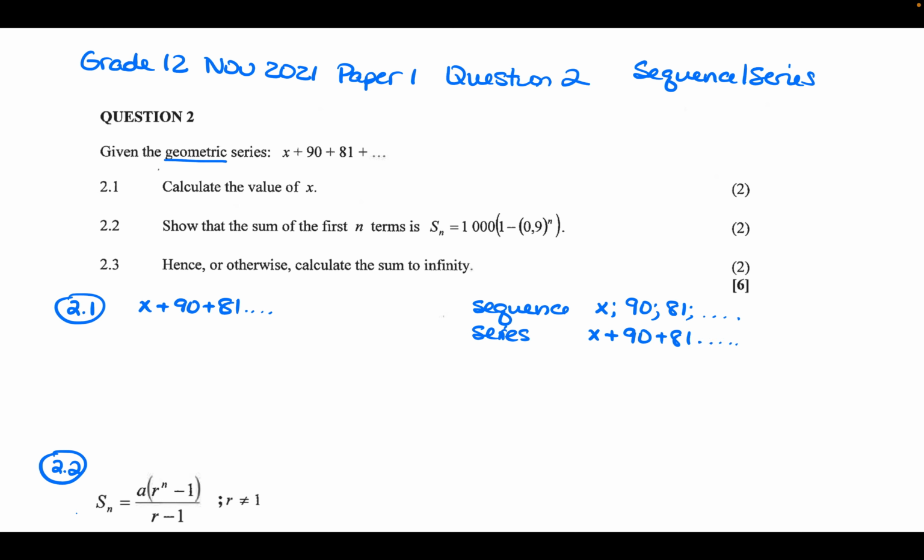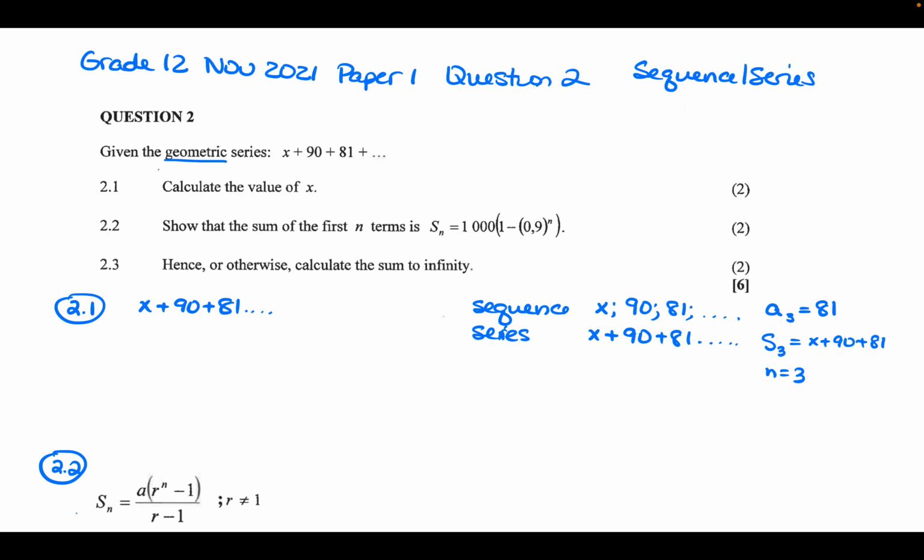So if we consider a value in the sequence, we would say a sub 3 is 81. But if we were looking at the sum, we would say s sub 3 is x plus 90 plus 81, the sum of the first three terms. And I would call n, in this case, 3.